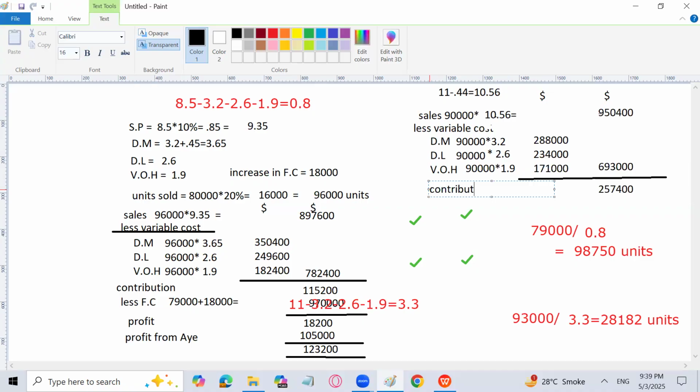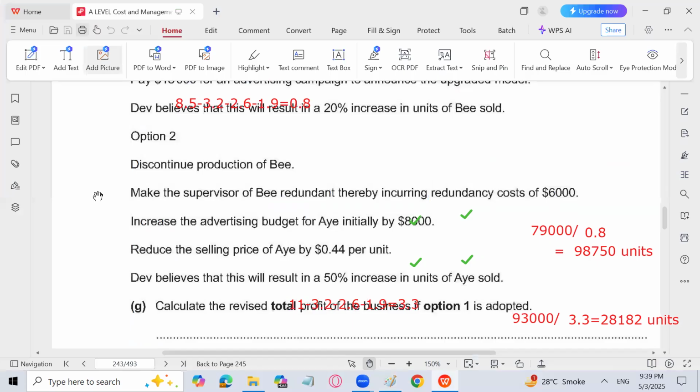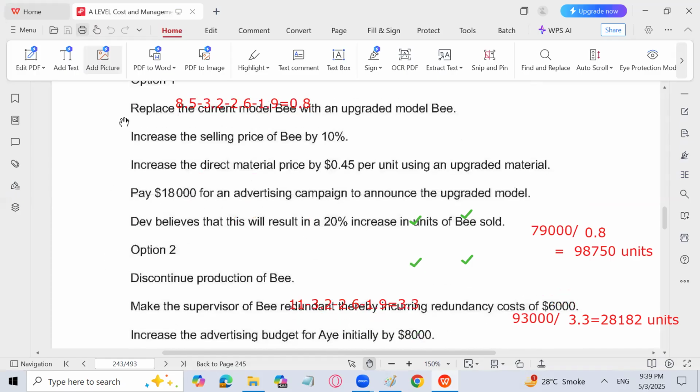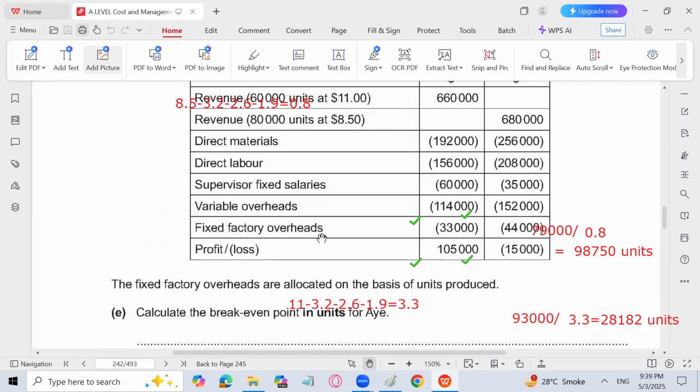Now I will subtract less fixed cost from this. Now the fixed cost of I, is there any change? Yes, there is an 8,000 increase in fixed cost of I. Fixed cost of I is supervisory fixed salary 60,000 and fixed factory overhead 33,000. That is 93,000.